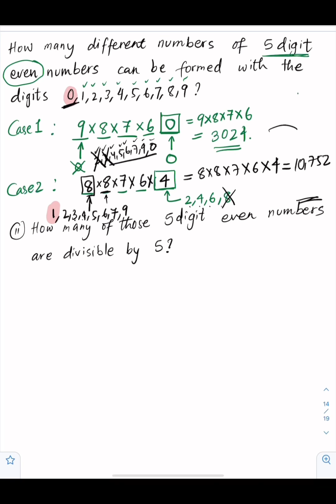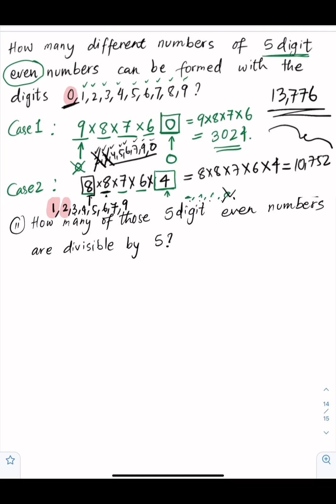So for the total number of even numbers, you add them. It's 13,776 even numbers.